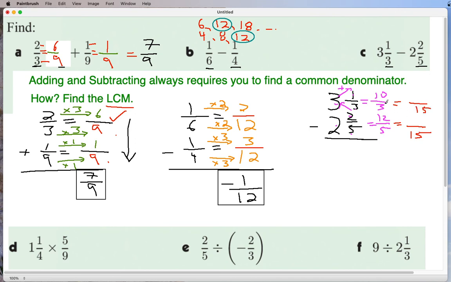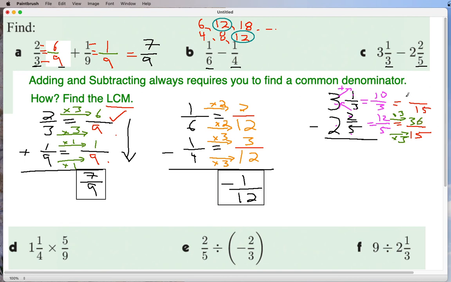So the lowest common multiple between 3 and 5 is 15. So if this is the case, now we have to ask ourselves, how, once again, did I get from 5 to 15? Well, I times it by 3. So 5 times 3 is 15, so that means on the top I should times this by 3 as well, shouldn't I? 3 times 12, well, if you use your calculator, you should get 36 in this case, okay?